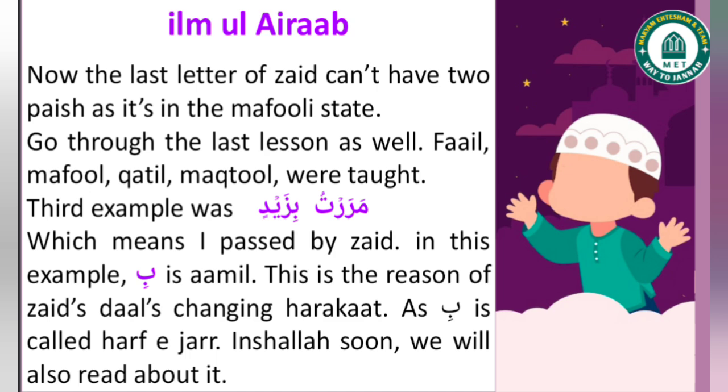Third example was marartu bi Zaydin, which means I passed by Zayd. In this example, B is A'mil. This is the reason of Zayd's dal changing harakat, as B is called harf jar. Insha'Allah soon we will also read about it.